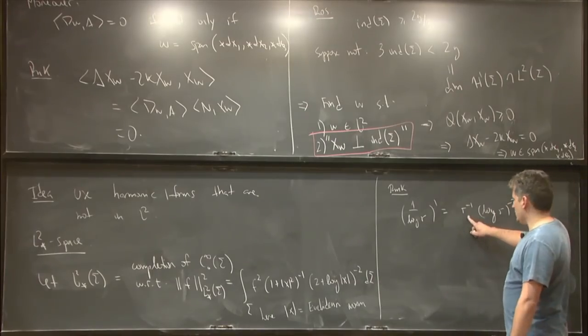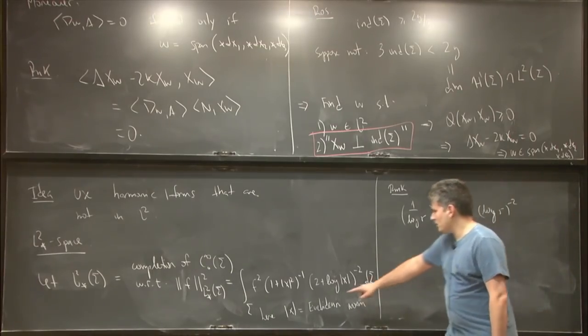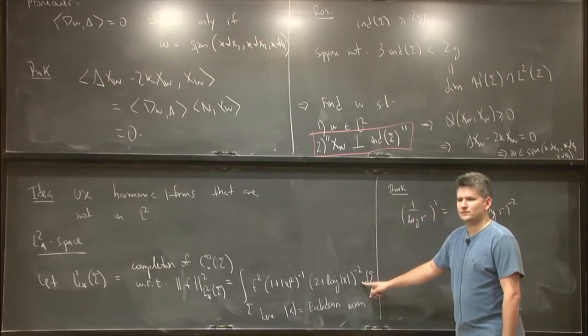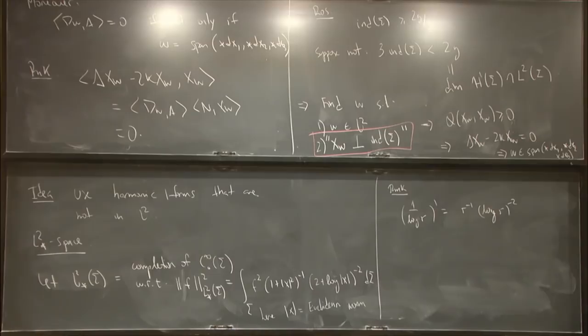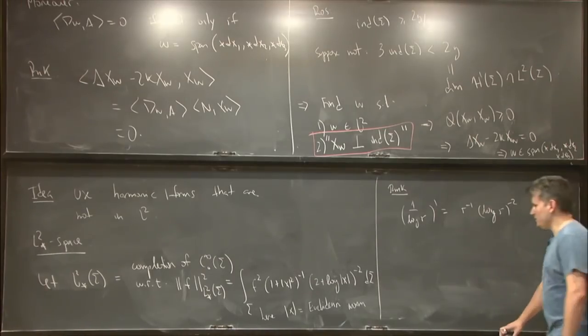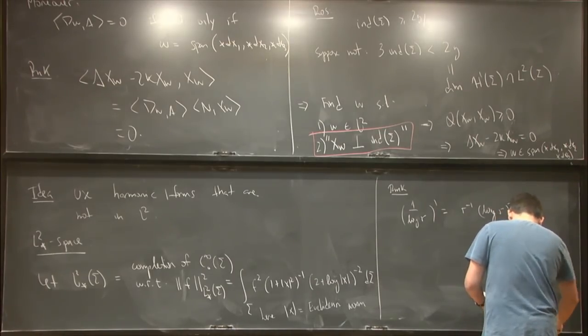And so I know here we have an r to the minus 1, here we have an r to the minus 2, but then there is a factor r here from the area element, right? So this is sort of the motivation for this weight.